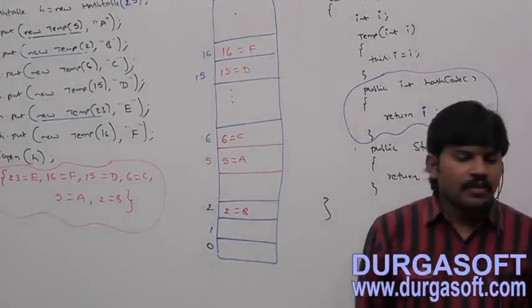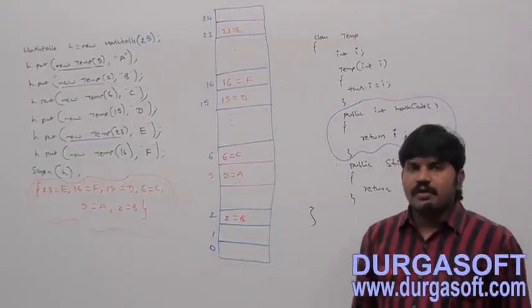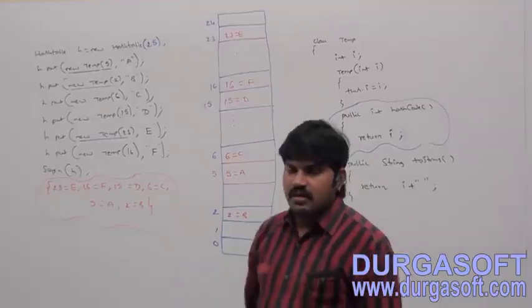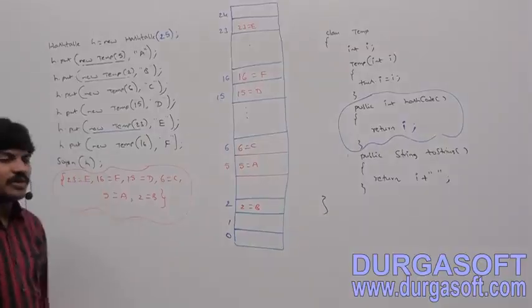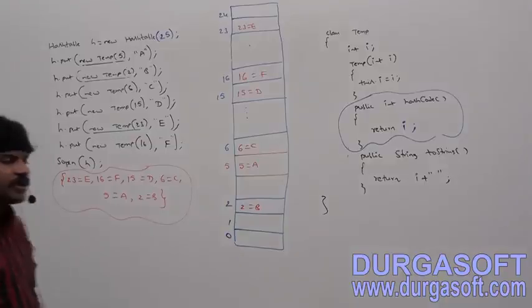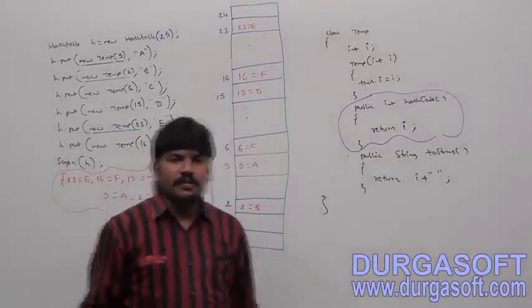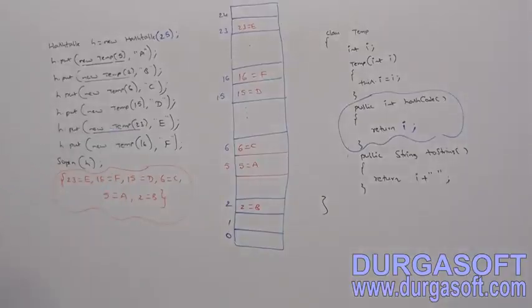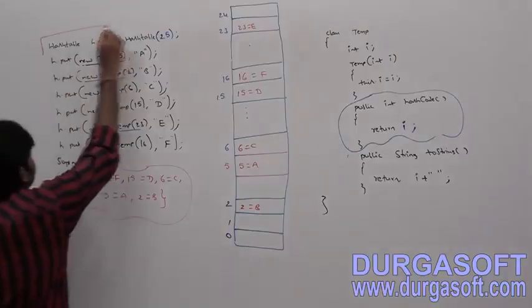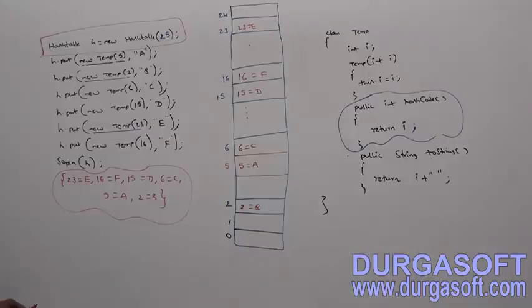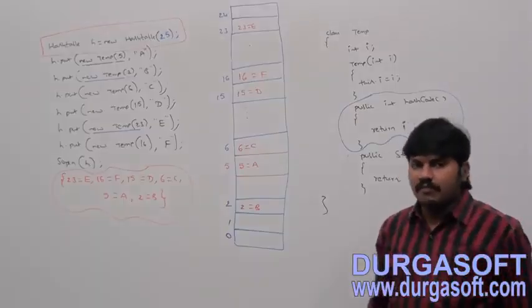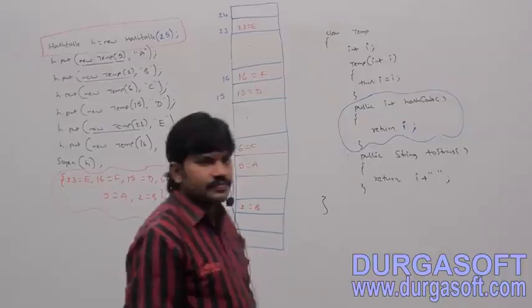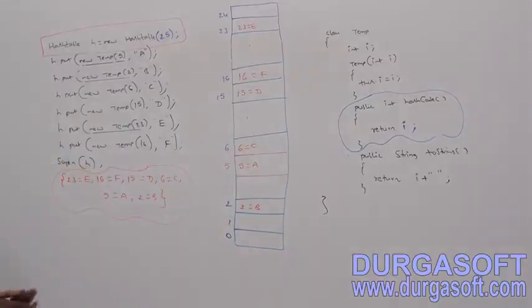At this point also, if we configure the initial capacity as 25, take only this line: Hashtable h is equal to new Hashtable of 25.